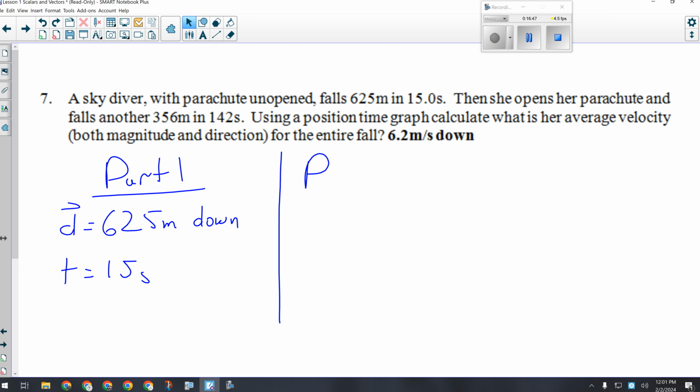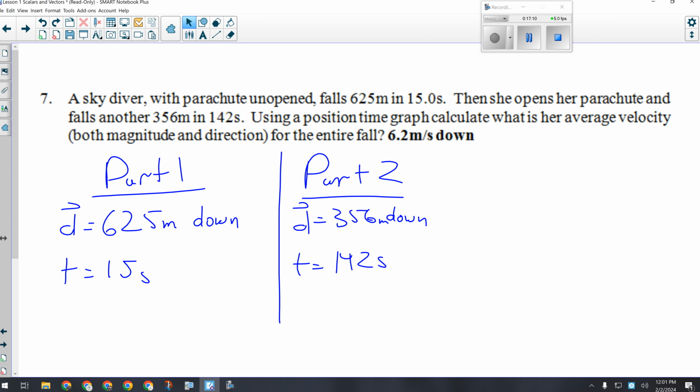And then in part 2, they open the parachute, that's good, and they fall 356 meters, and that happens in 142 seconds, so they're obviously going a lot slower while the parachute is open.